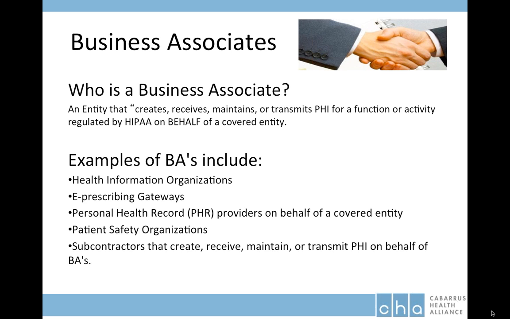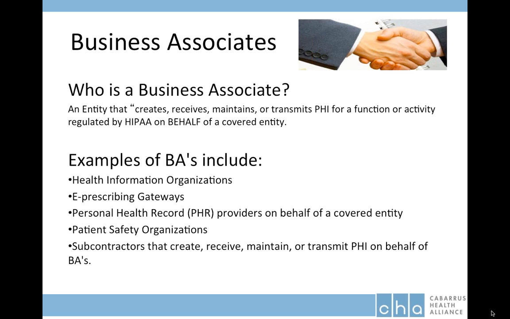The next two slides are not something you will encounter very often in your duties at CHA. The first one is about business associates. A business associate is anyone who has access to PHI that's not for care of this patient. So if we're billing through a billing clearinghouse, that would be a business associate. If we have an IT vendor who has access to fix our systems, they have thereby access to our patient records.